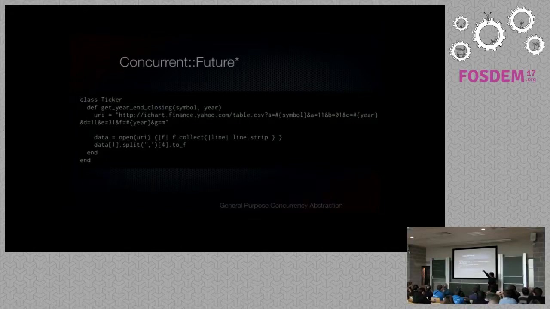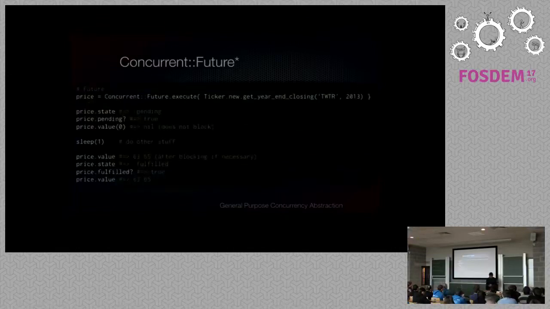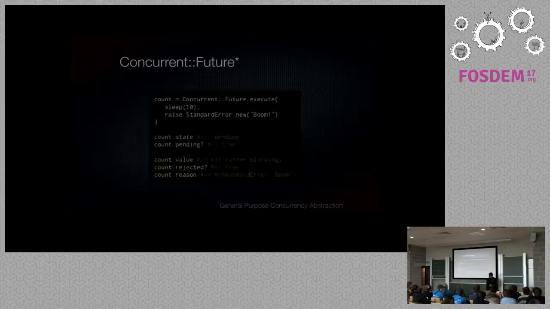This is one example, a Ticker class which fetches something from the web, like a tick mark from the Yahoo Finance site. This is a network call, so we can use a future to do this in parallel in another thread. By default the state is pending, but after some time you get the value. So this task happens in the background.